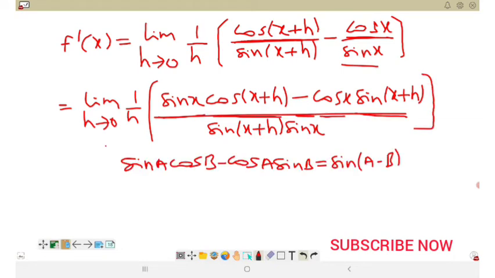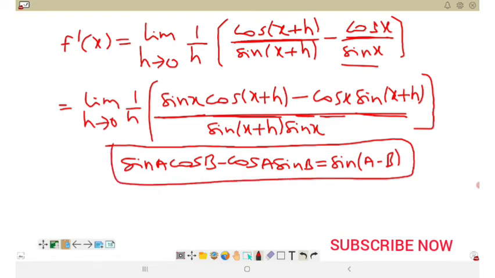Sin a cos b minus cos a sin b is equal to sin of a minus b. So write the limit h tends to 0 of 1 by h into sin a cos b minus cos a sin b.